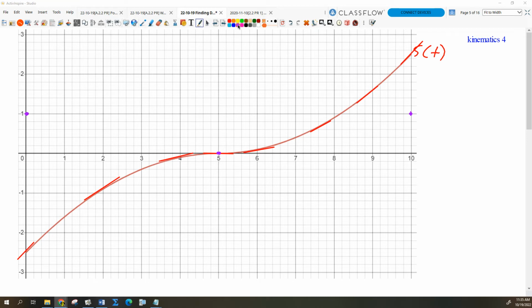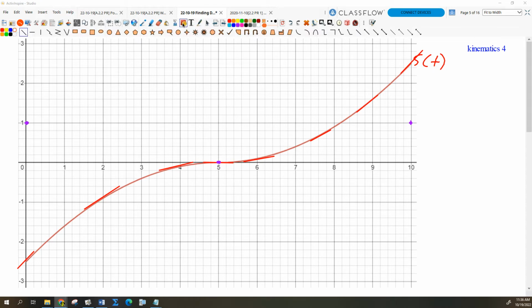It's getting less positive, 0, small positive, bigger positive, bigger positive, bigger positive, right? But we'll assume that they're lines, because we're just assuming that this is changing smoothly, changing regularly, the velocity is, okay? So then we just end up with this picture.